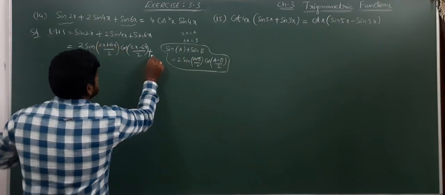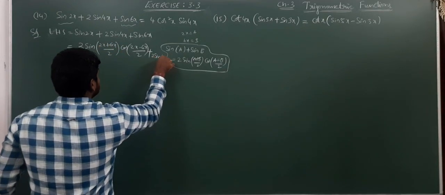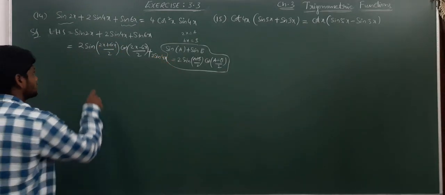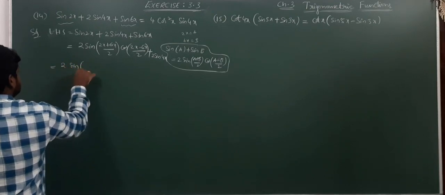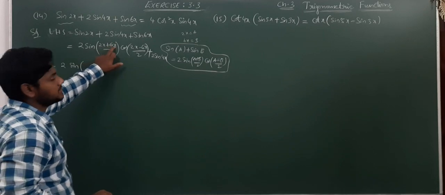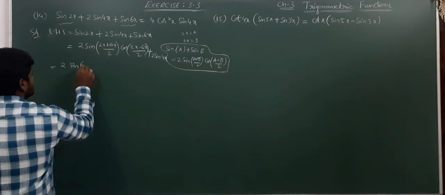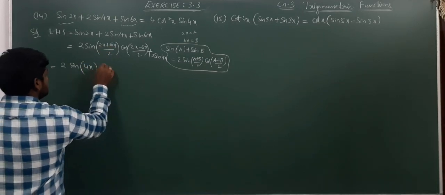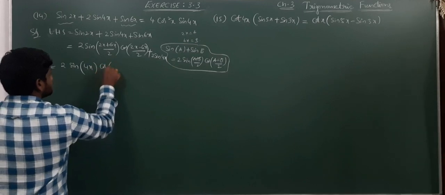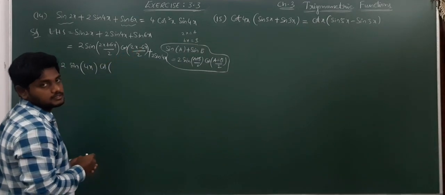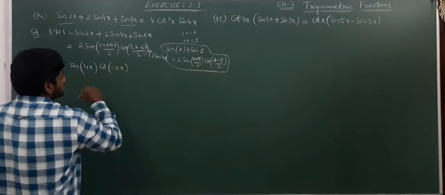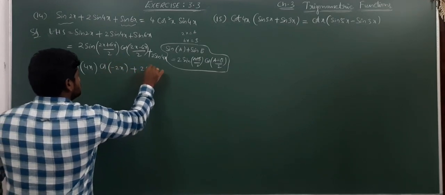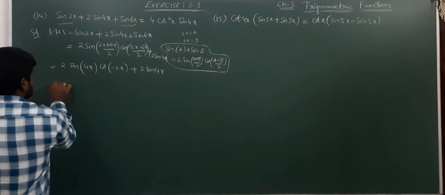this one as it is, that is 2 sin 4x. Now this will be 2 sin of 2x plus 6x, 8x by 2, which is 4x, into cos of 2x minus 6x, which is minus 4x, minus 4x by 2 is minus 2x, plus 2 sin 4x.